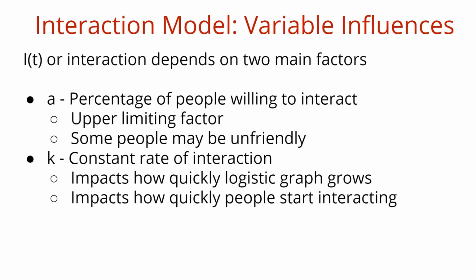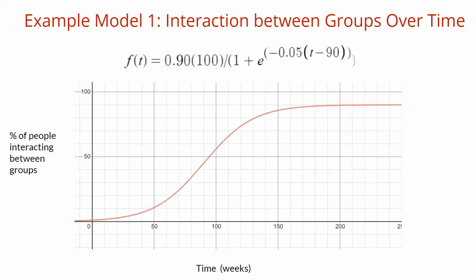As we can see, interaction depends on two main factors. A, percentage of people willing to interact, which becomes the upper limiting factor. K, the constant rate of interaction, which shows how quickly the logistic graph grows, or how quickly people start interacting. This in turn influences how quickly cultural diffusion of these negotiation approaches happens. Here's an example model. Here, the proportion of people willing to interact is rather high, 90%.